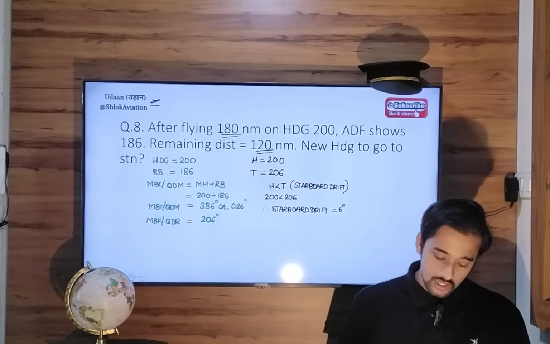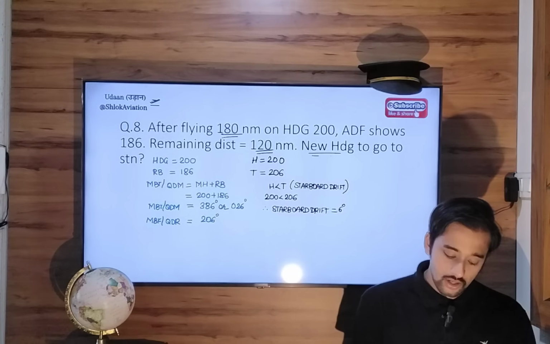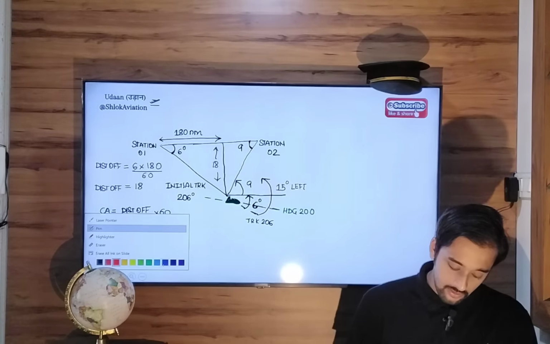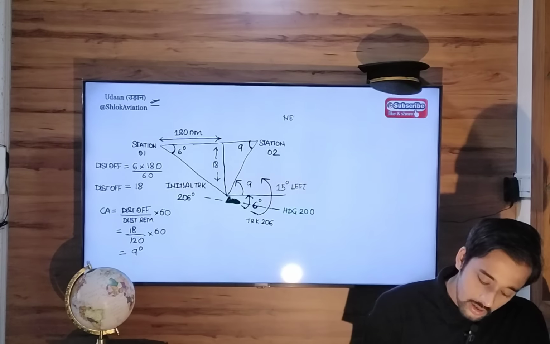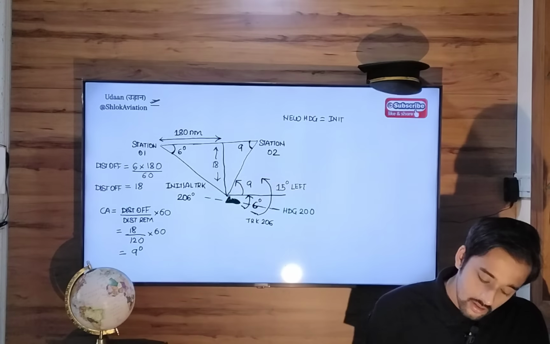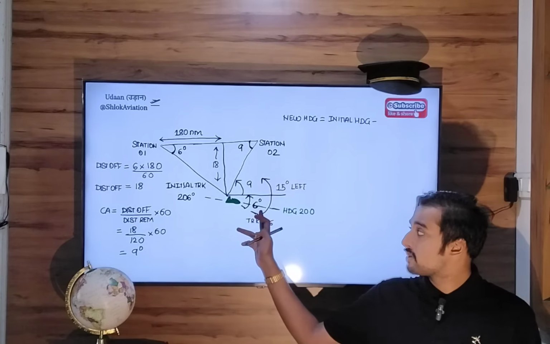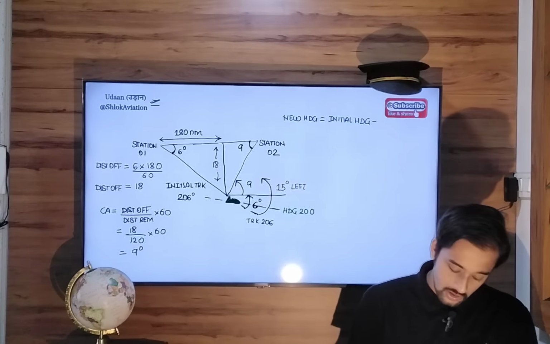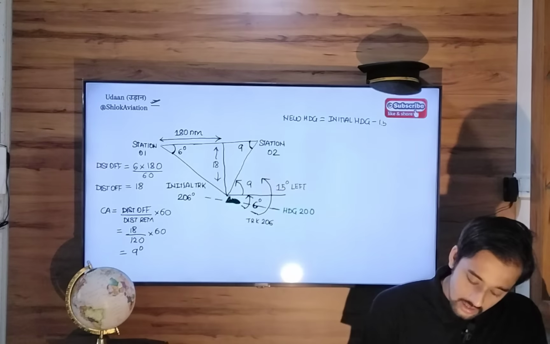So what is the question again? Find the new heading to go to station. So new heading will be equal to initial heading minus. Now why minus? Because we are going to make a left turn. When we go left, our directions decrease in value. So minus 15 degrees.